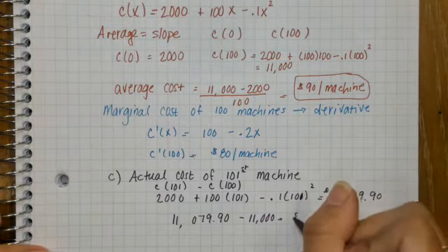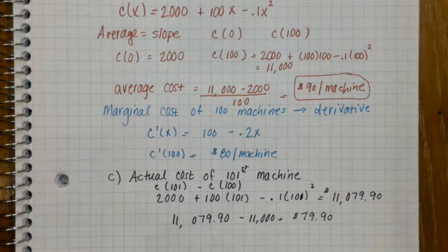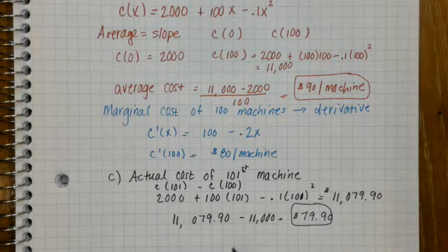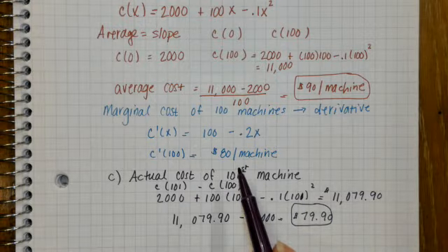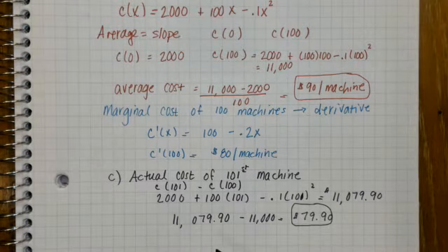Which is $79.90. So the actual cost of producing the 101st machine is $79.90, which is very close to, clearly only 10 cents less than the marginal cost of producing the 100 machines. So it actually is 10 cents cheaper if you build another machine.